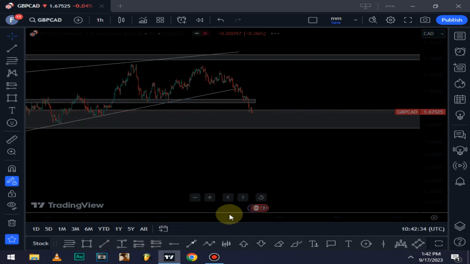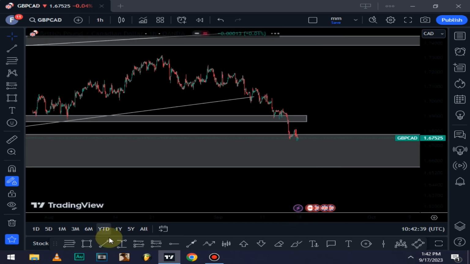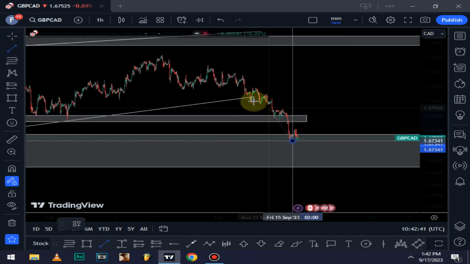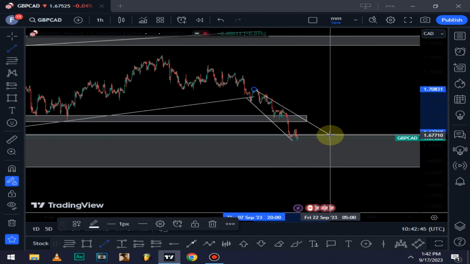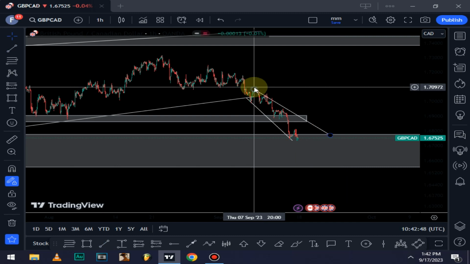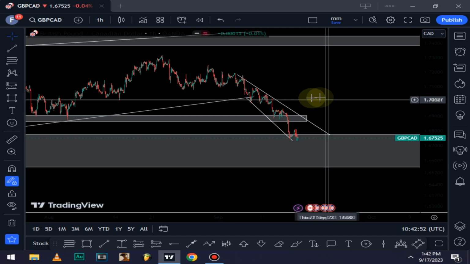Okay, and we have impulse movement. We have not seen any correction so far, so we can see maybe do this and do this. So somehow price trying to approach the support in an expanding type of nature.